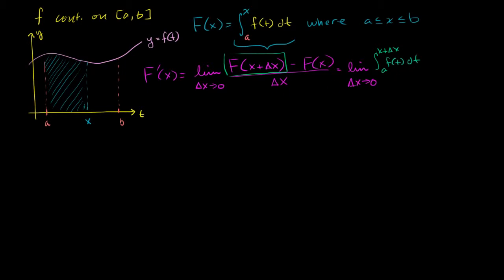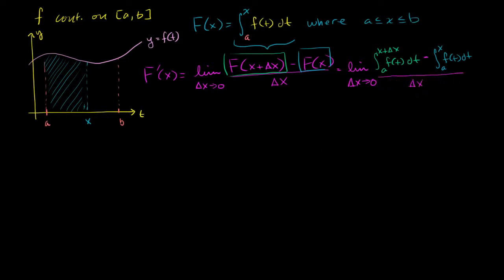And then from that, you are going to subtract this business, capital F of x, which we've already written as the definite integral from a to x of f of t dt. And then all of this is over delta x.